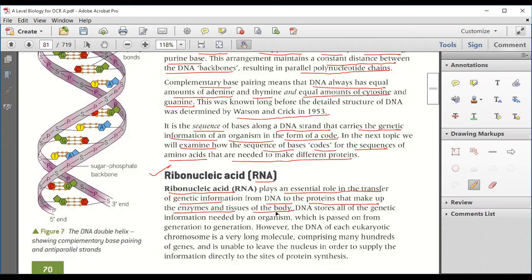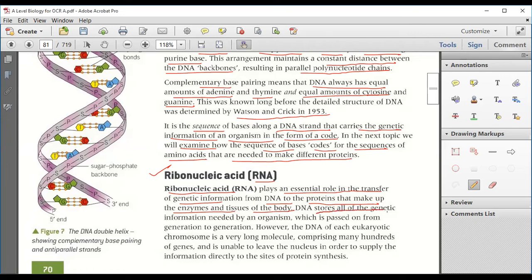So RNA helps in transferring the genetic information from DNA to the proteins, and those proteins make up the enzymes and the tissues of the body. Clear? Okay, so RNA's role is to transfer genetic information from DNA to protein. Then these proteins are going to form enzymes and tissues of the body.